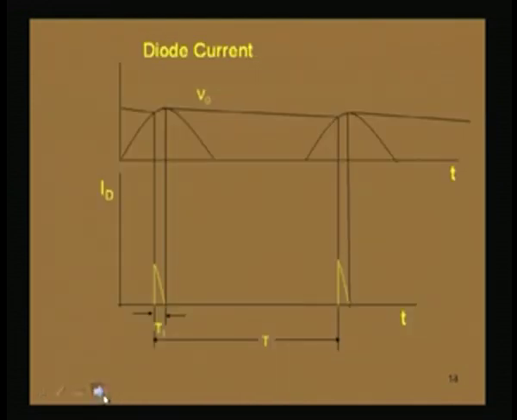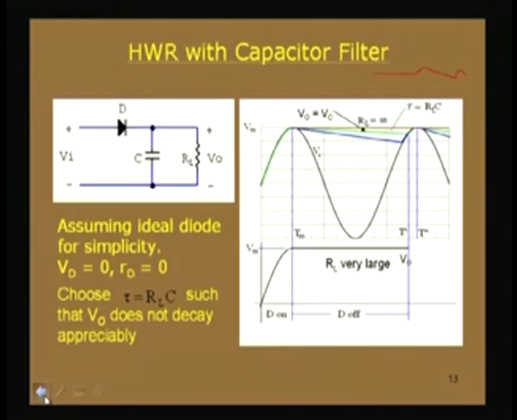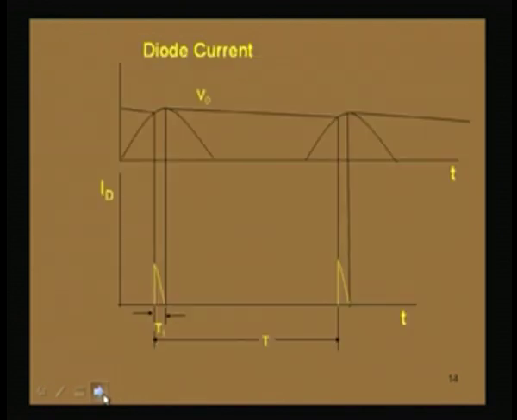Now, if we consider the diode conduction, how much time will the diode be conducting? The diode is conducting for a very small time, only for this portion. So, the diode current flows for a very small time and then becomes 0. It is called a surge current.